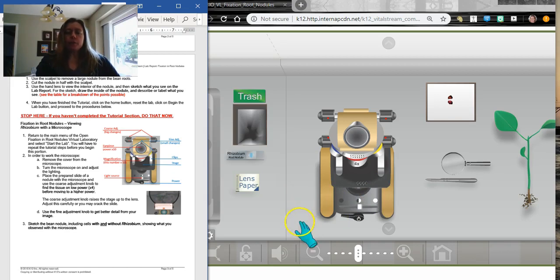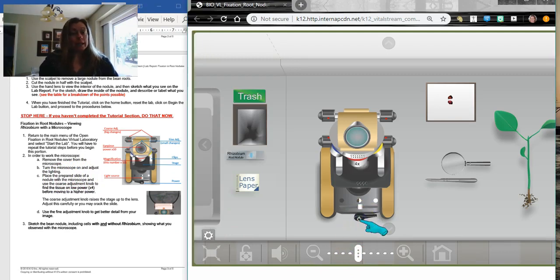All right, how to work the microscope. Over here it says, in order to work the microscope, remove the cover, did that. Turn the microscope on. So the microscope on button is right here. Click. And then it's going to prompt you to clean the lens. I must have used all my lens paper.